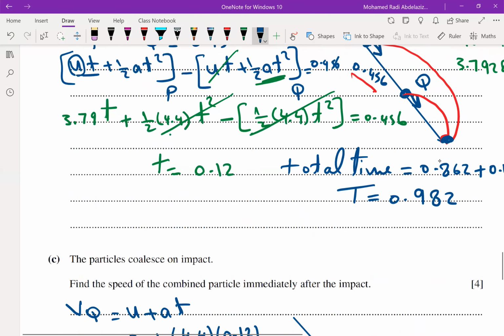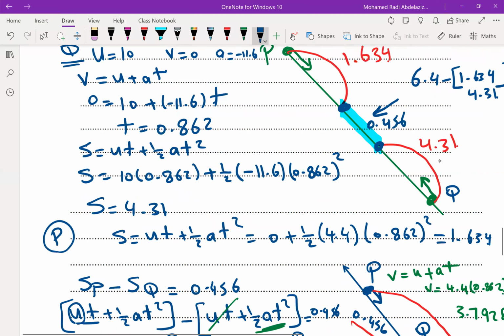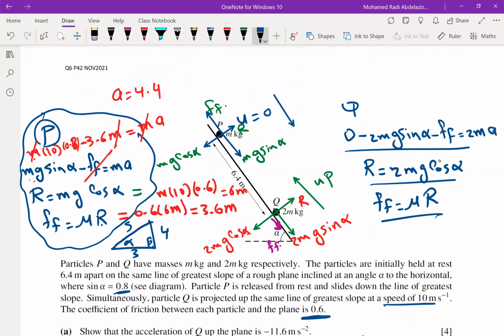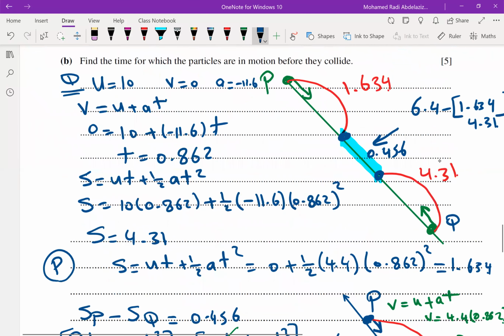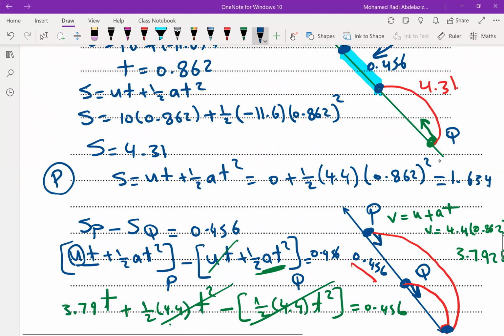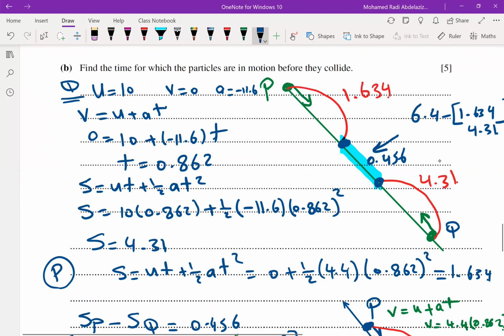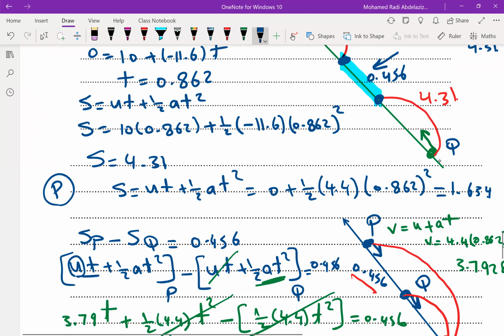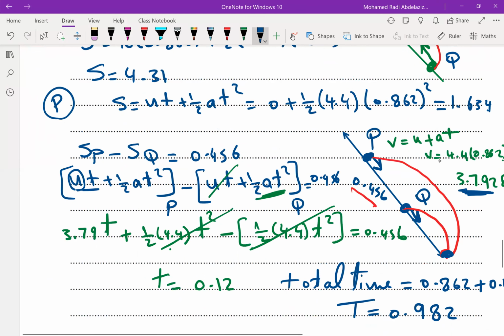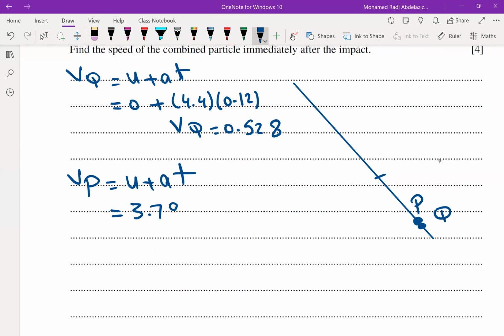Initial velocity found in the previous part, which is, I think it was 3 point, the velocity, which is V. Yes, this velocity, 3.79, plus acceleration 4.4, and the time is 0.12. 3.79 plus 4.4 times 0.12.